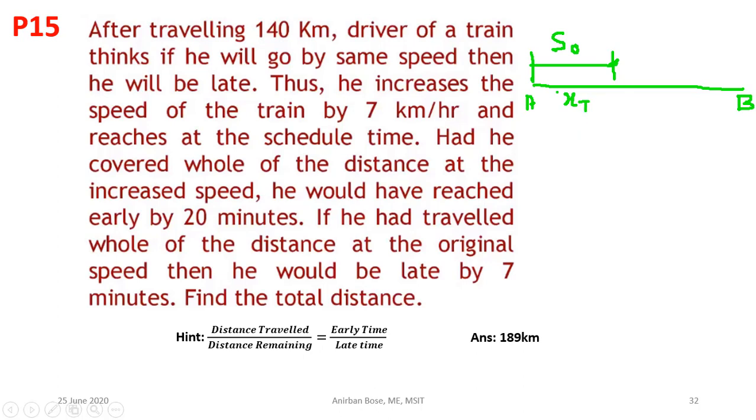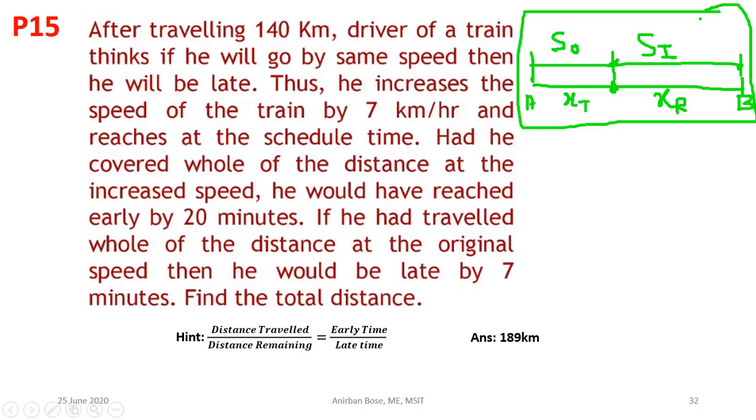After that the driver realized that with this speed he will not reach on time, so he increased the speed. Now the speed is increased. With the increased speed he has moved the rest of the distance. So this is the remaining distance he has moved with the increased speed and reached in time. This is the basic thing happening in the first line.